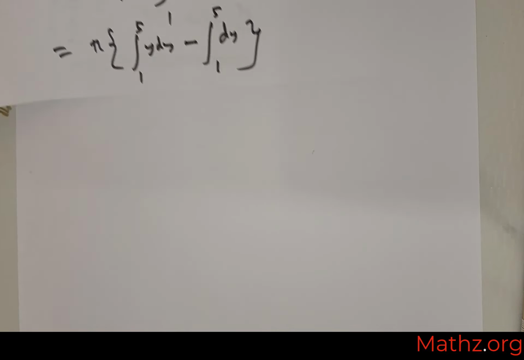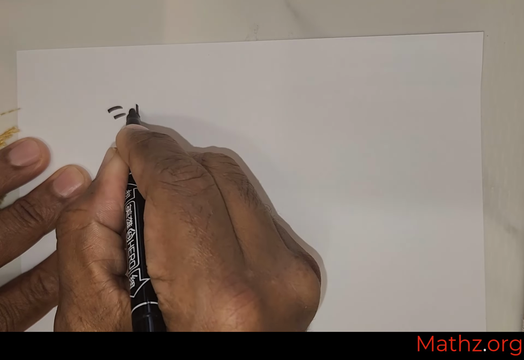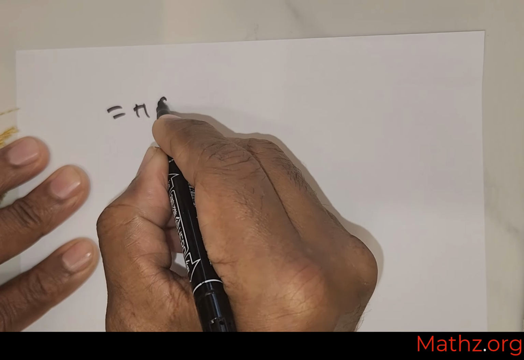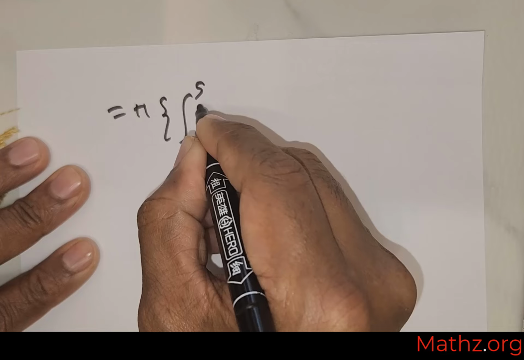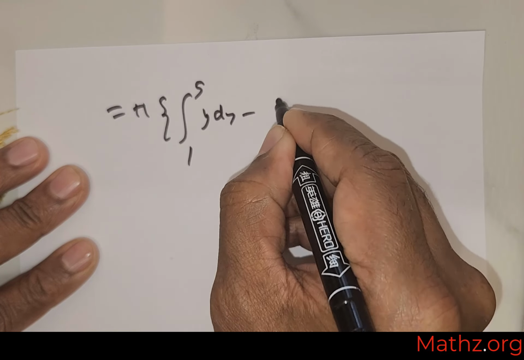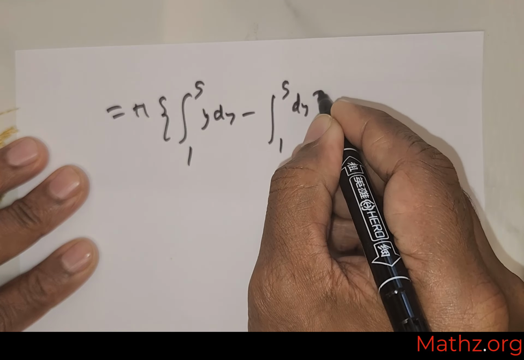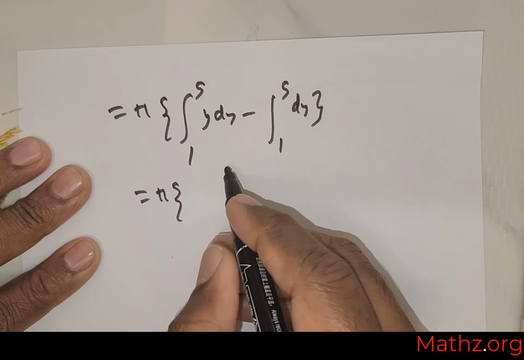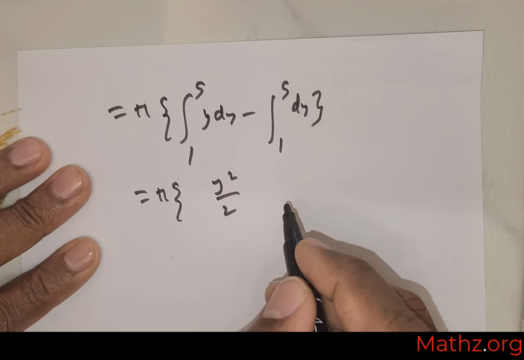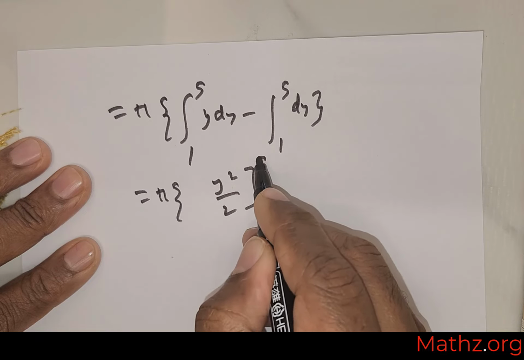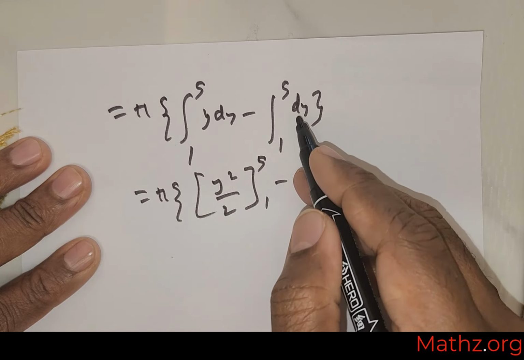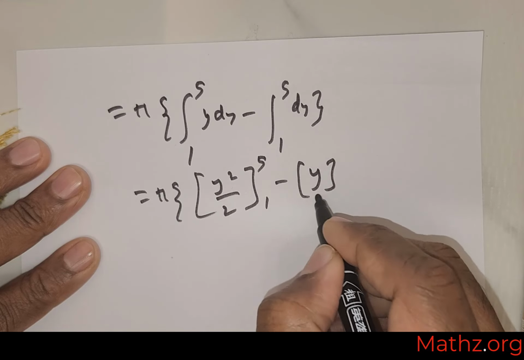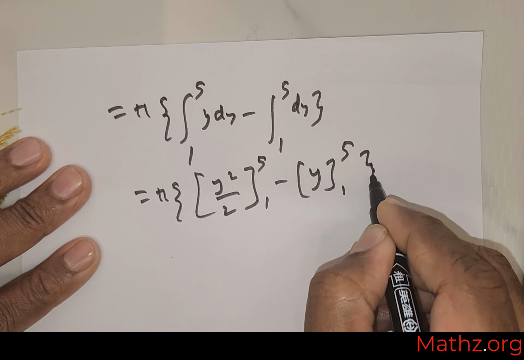So this can be rewritten as follows: pi times integral from 1 to 5 of y dy negative integral from 1 to 5 of dy. Okay, so this is pi times, integral of y dy is y squared divided by 2, limits are 1 to 5. Integral of dy is going to be y, the limits are 1 to 5.